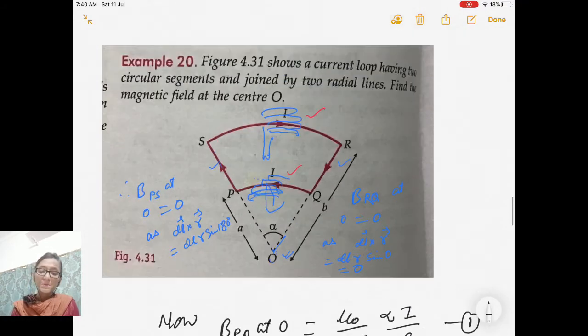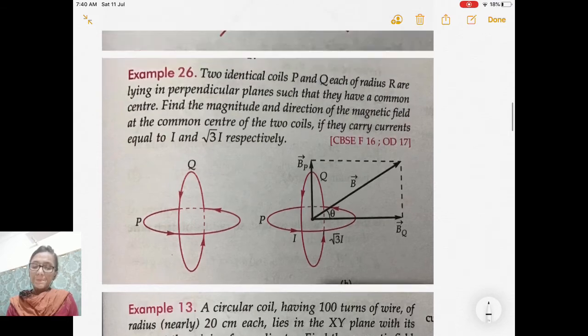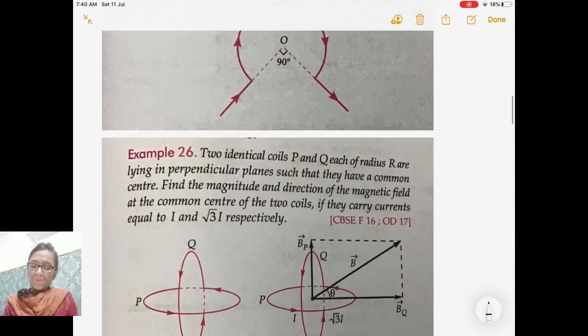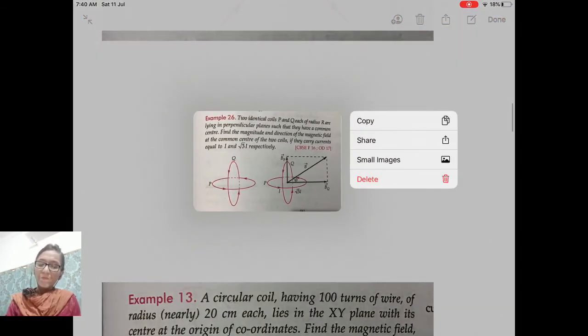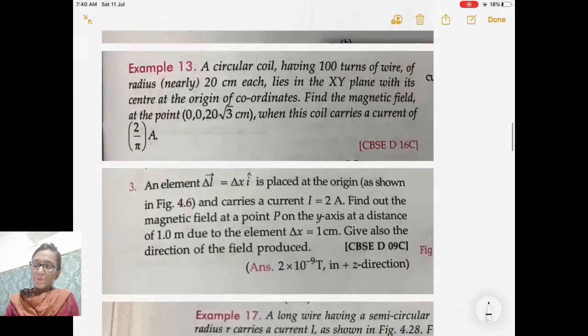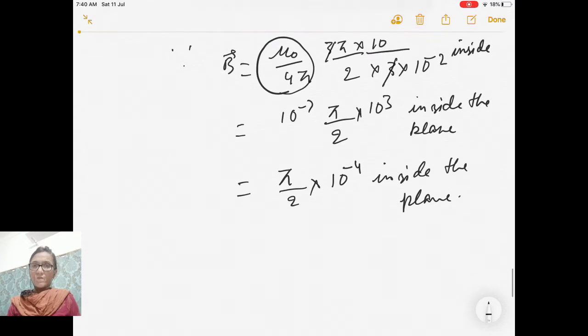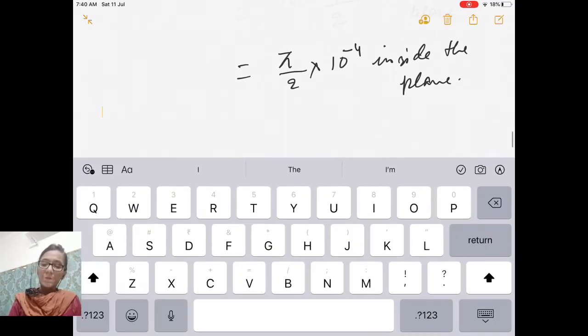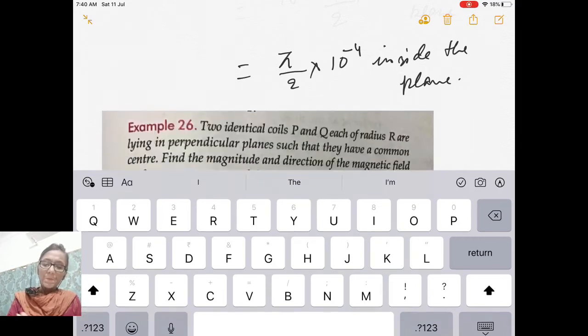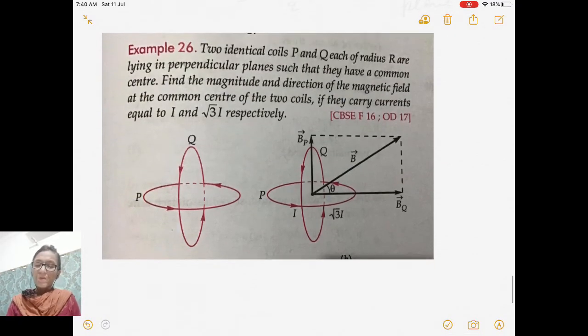Now next question. Two identical coils P and Q, each of radius r, laying in perpendicular planes.